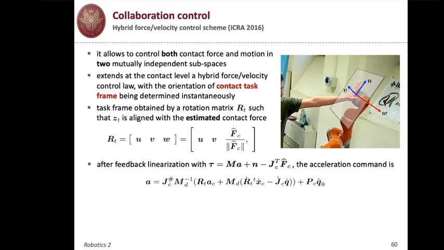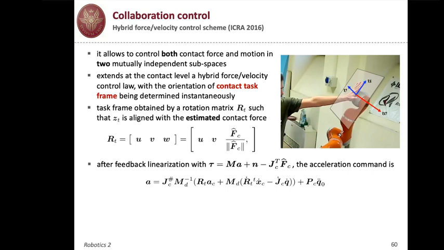And through the depth sensor, we have also isolated, identified the contact point, and therefore also the contact Jacobian J_C, and then we pre-multiply a new command, the acceleration command A, by the inertia matrix. So we are linearizing the behavior at the joint level.